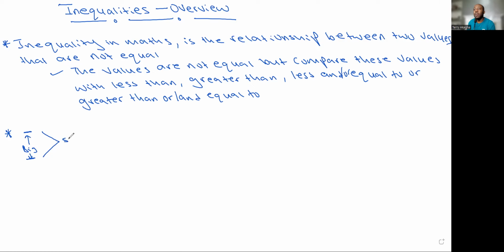Then the smaller number is written on this side. Are you seeing it? So, for instance, I can write 5 greater than 3. You can't write 3 greater than 5 because 5 is bigger than 3. So this is not correct. This is correct. Or you can say 3 is less than 5. Are you seeing it? So no matter what happens, you put a smaller number at this point here. The wider part has a bigger number, all right?